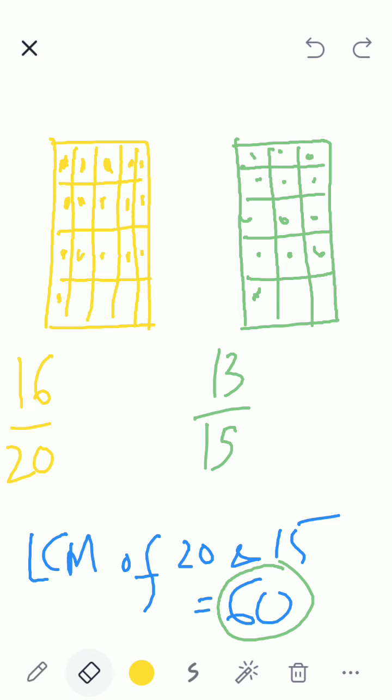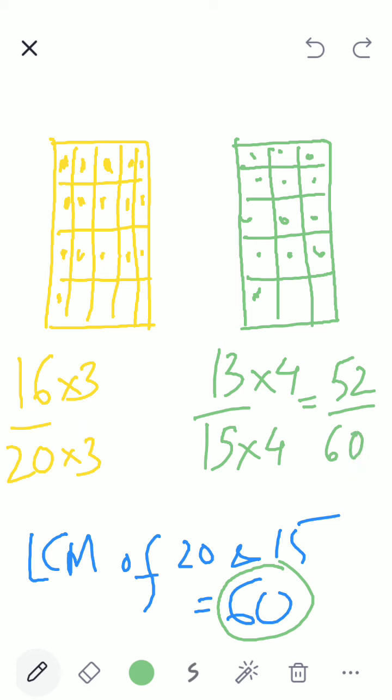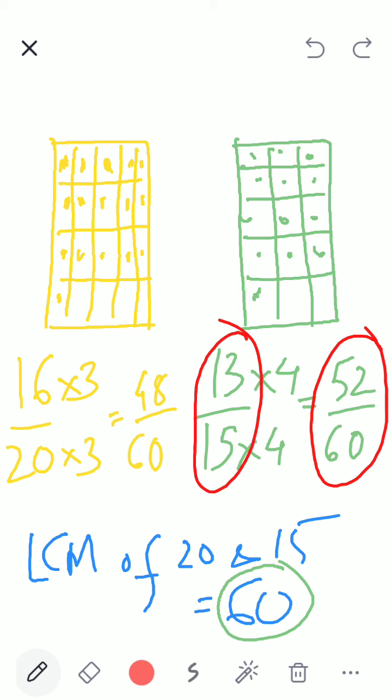So the moment you know 60 is the LCM, I can multiply 20 by 3, so 16 multiplied by 3, then 15 multiplied by 4, 13 multiplied by 4. Numerator and denominator have to be multiplied with the same number. So I got 52 by 60, and here I got 48 by 60. Obviously, 52 by 60 is now bigger. That means 13 by 15 is bigger. Clear?